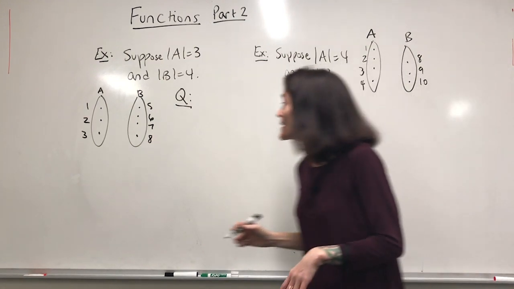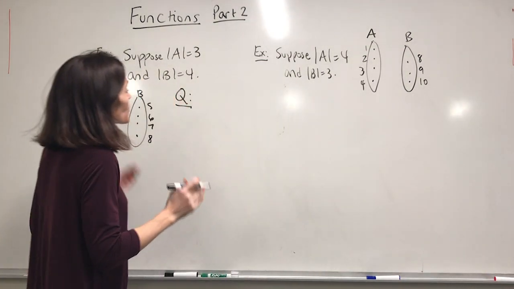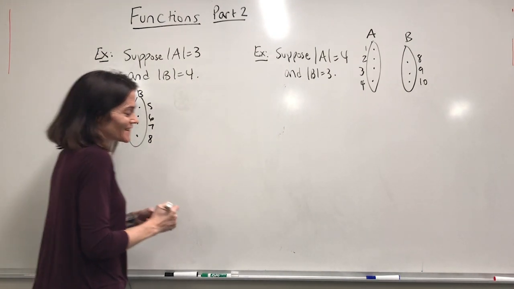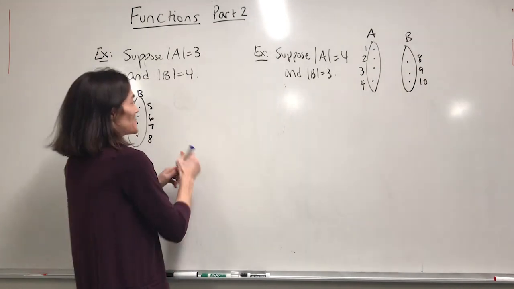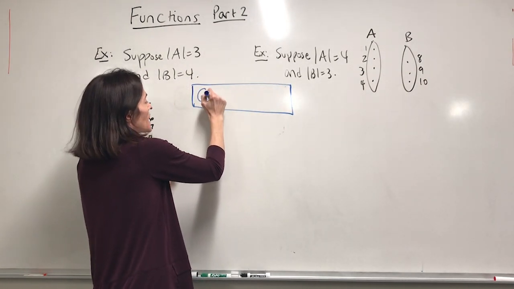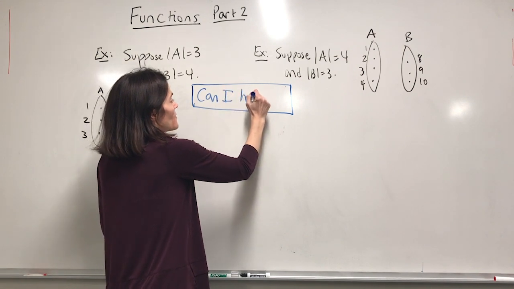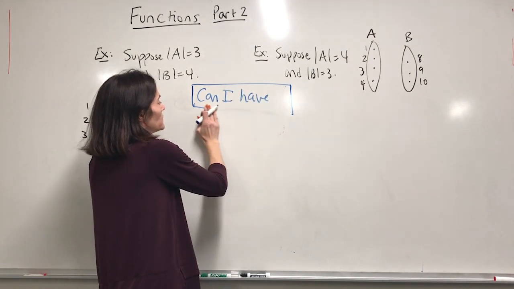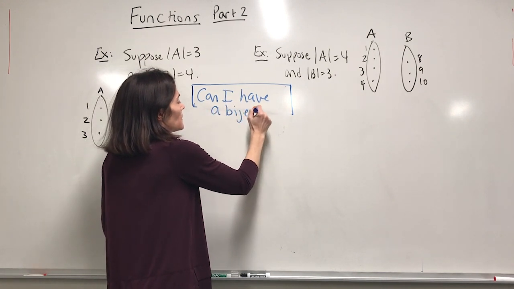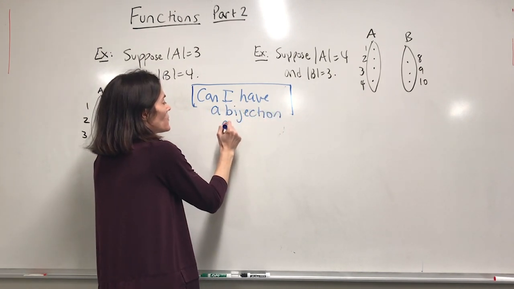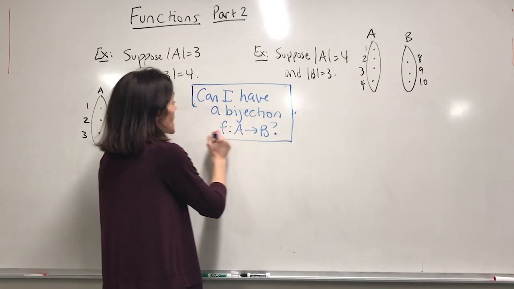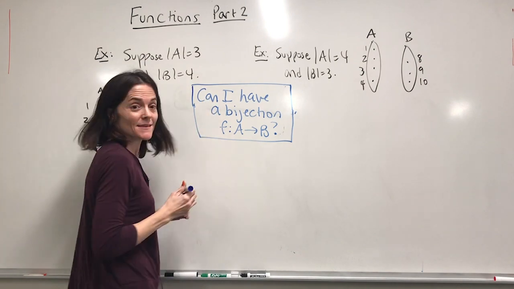My question, in both examples, is: can I have a bijection f from A to B? In each case we have two different things to address.